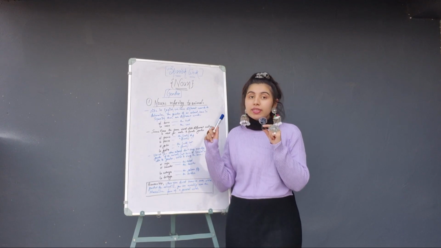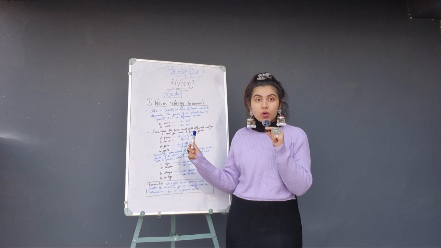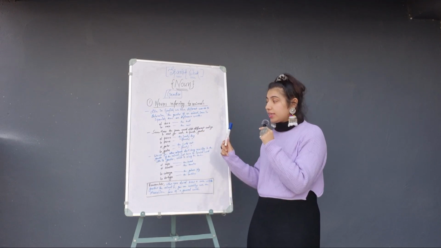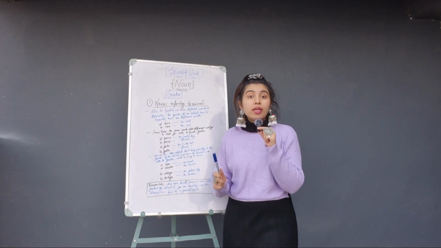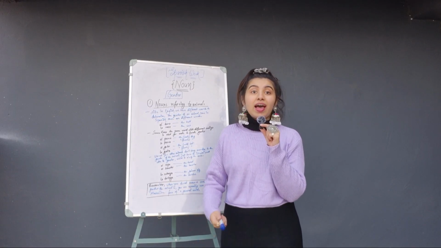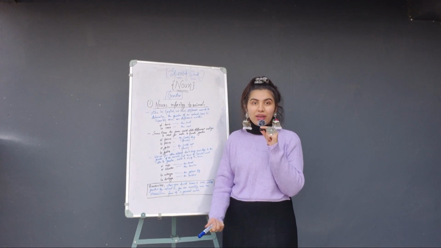El perro is the male dog, la perra is the female dog. The same goes for the cat. Cat is el gato, the male cat. And how do we say female? La gata. Very easy, right?